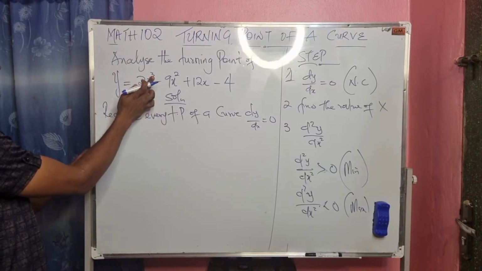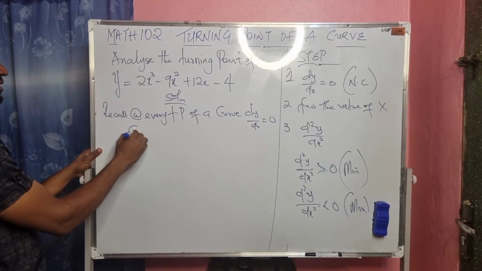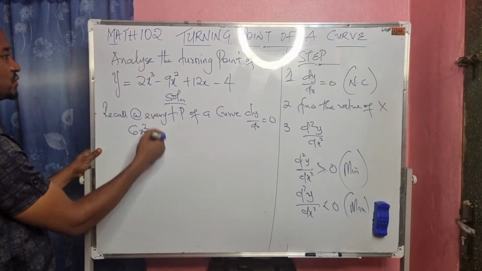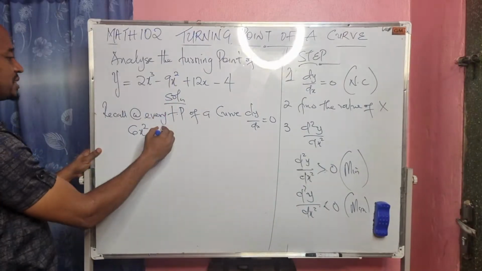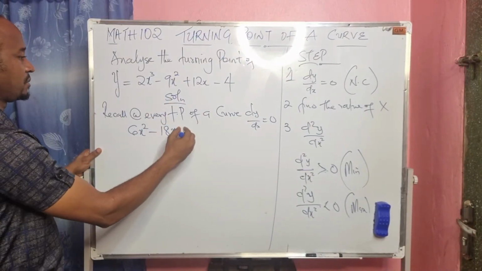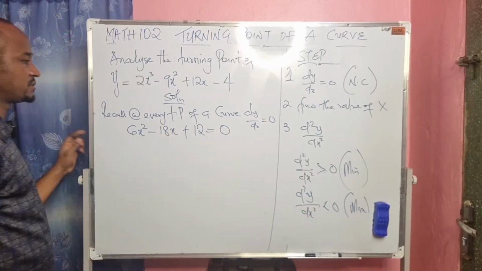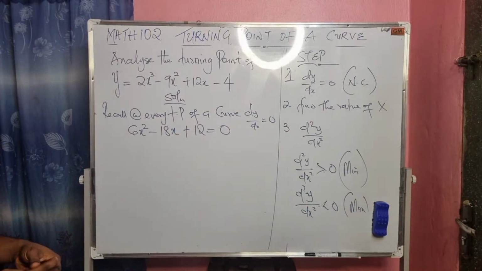By the time we differentiate, 3 times 2 will give us 6x squared, minus 9 times 2 gives us 18x, plus 12. This must be equal to 0.